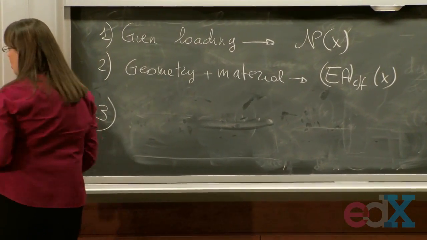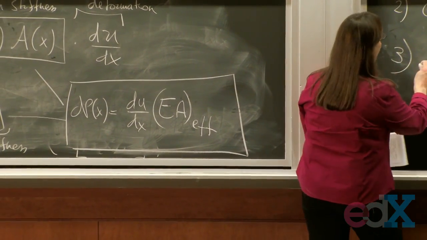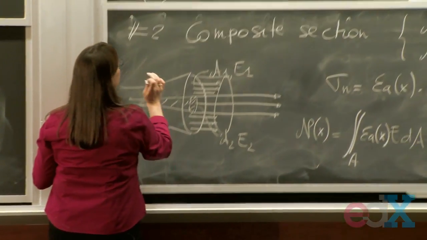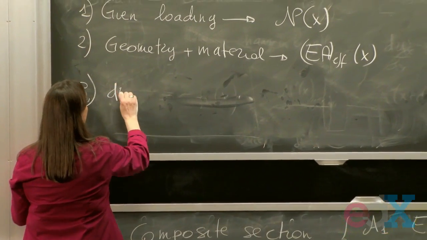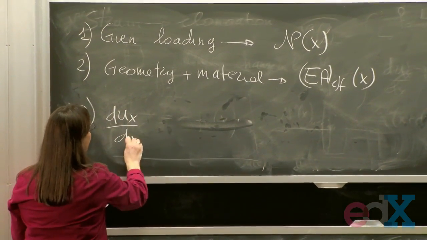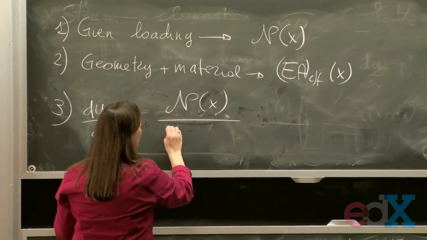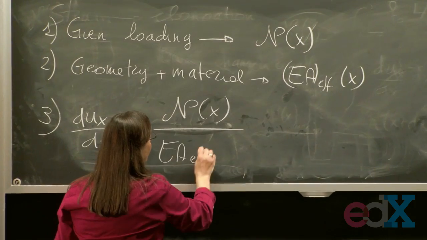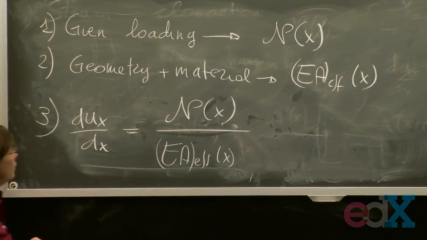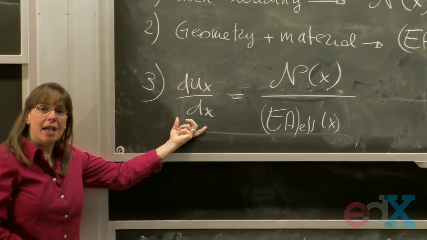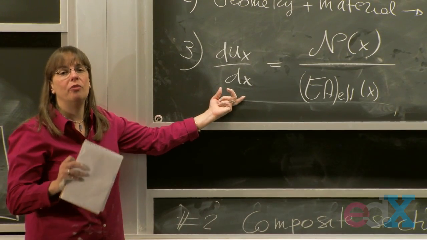3, you take this relationship here and you invert it, and you get du/dx equal to N of x divided by EA effective of x, the one that you just calculated over there. Once you have du/dx, you are home free.